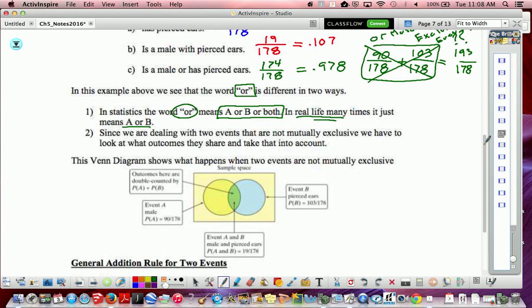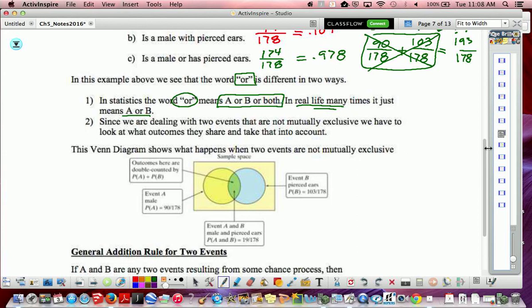The other part we just talked about a little, and we'll see even more in this diagram: when the events are not mutually exclusive, we have to look at what outcomes they share.